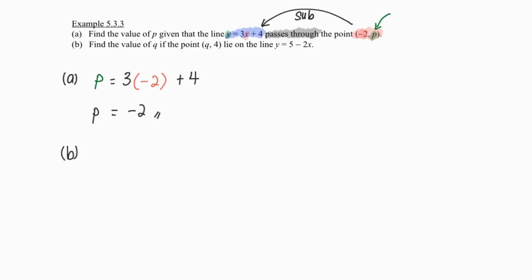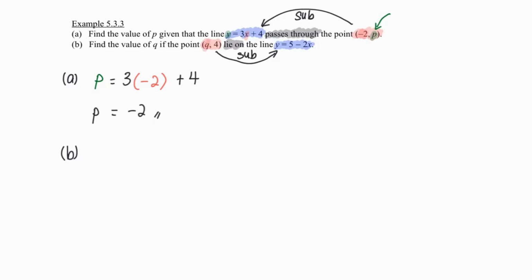Same idea. We are again given a point. We are also given an equation. And they tell me that this lies on the line. Same idea. Lie on and passes through is the same. That means I'm going to substitute this point into the line.